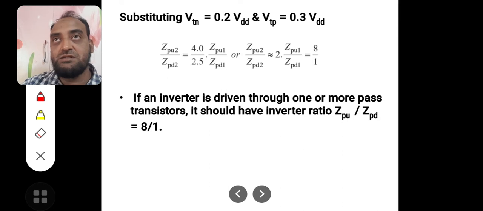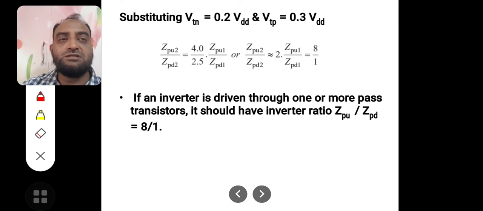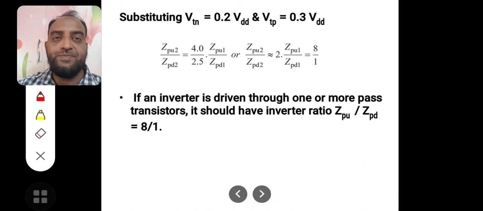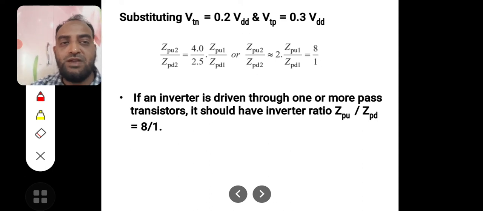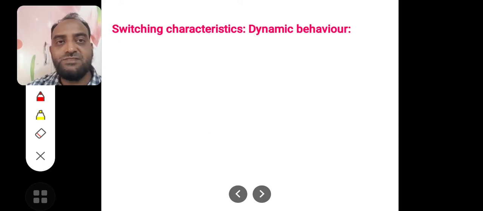Previously, when an NMOS inverter is driven through another inverter, then the aspect ratio, pull up to pull down ratio, is 4:1. If it is driven through one or more pass transistors, then the aspect ratio must be 8:1.